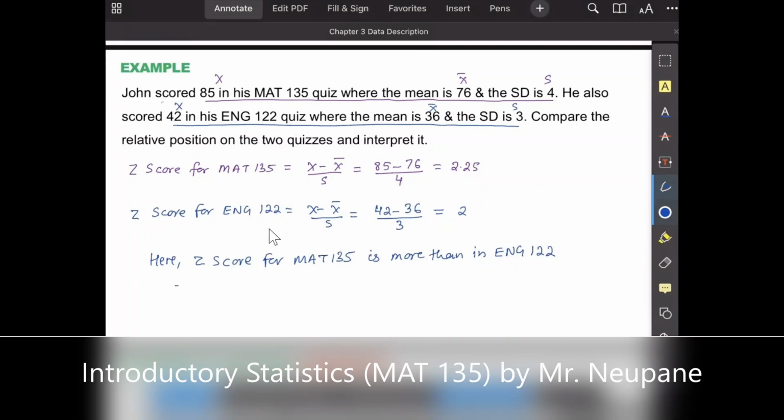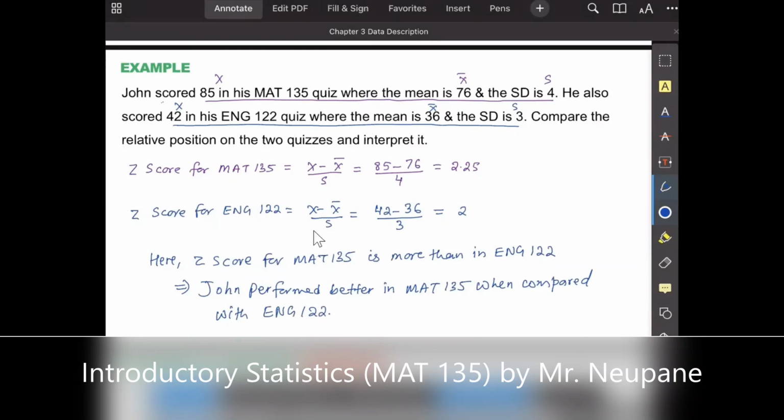The interpretation is that John performed better in Math 135 when compared with English 122. So we can use the z-score to compare data values from two different sets.